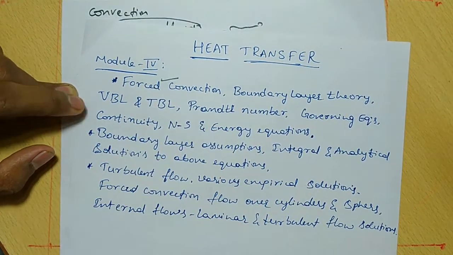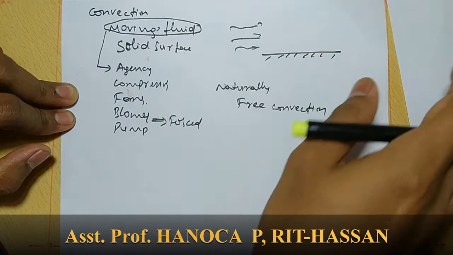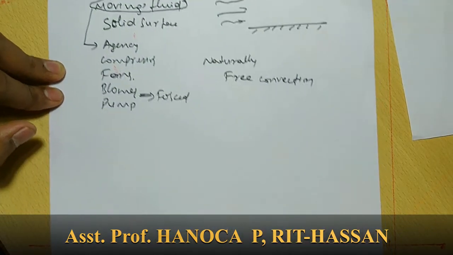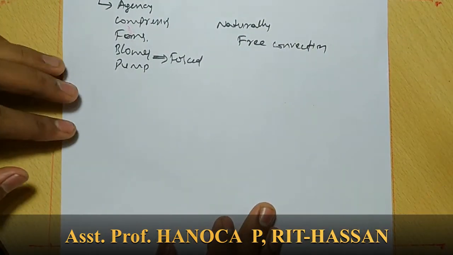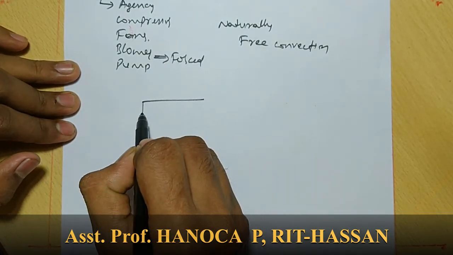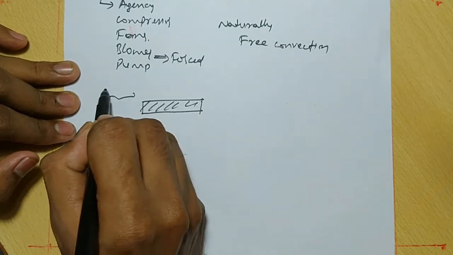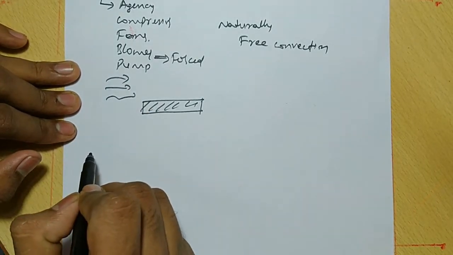Now we clearly understand what is meant by forced convection. Here we are using some external agency to give the movement of the fluid over the surface. The next is, when the fluid is moved over any surface, consider a plate over which the fluid is moving.